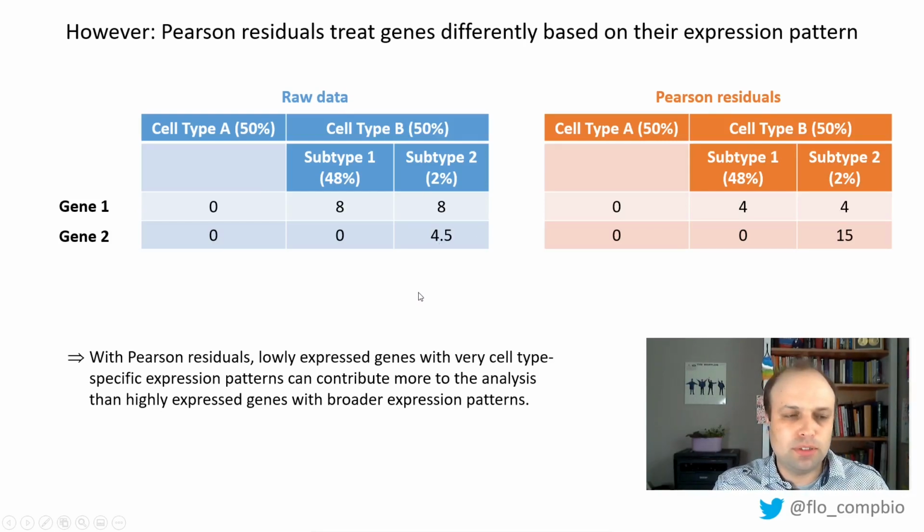That can be quite interesting and also useful, because we have these situations in real data, I think, sometimes, where we have a gene that's lowly expressed but still very cell type specific. Even though the measurements might be quite noisy, they're still very informative, because whenever we do see that gene, we can be fairly sure that this cell is subtype 2, not subtype 1, right?